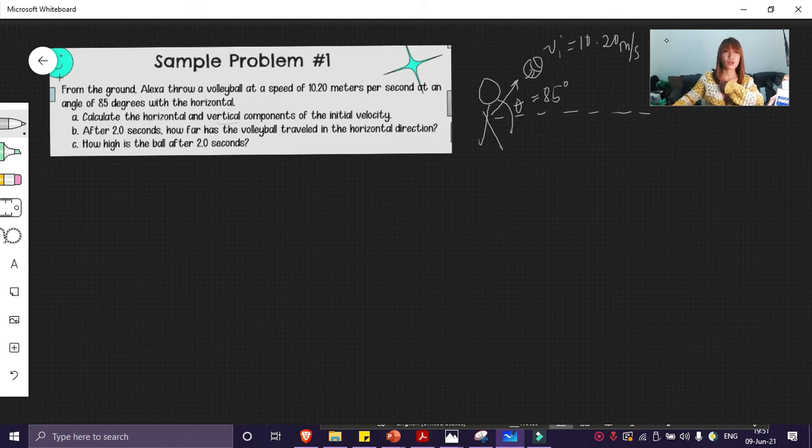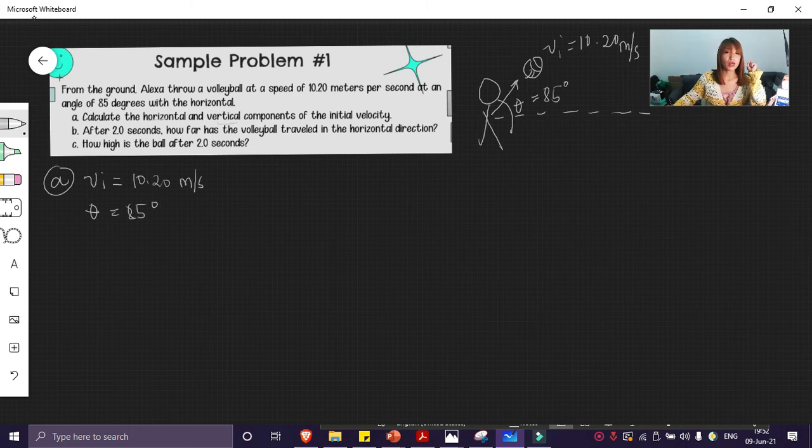Okay? So, let's solve for letter A. For the given, that will be VI is equal to 10.20 meters per second. And our angle, or the theta, would be 85 degrees.